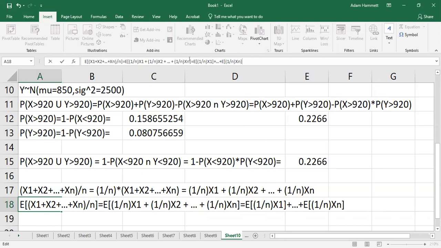And what can I do with the 1 over n? Those are just constants, right? So isn't that just going to be 1 over n? And actually, I could factor out 1 over n from everything, can't I? So it's just going to be the expected value of x1 plus dot, dot, dot, plus the expected value of xn, yeah?